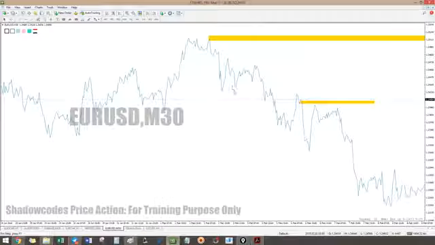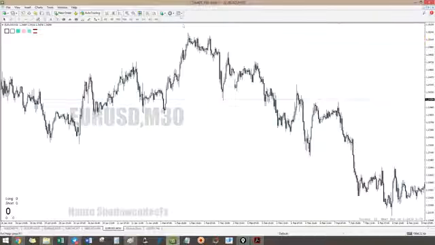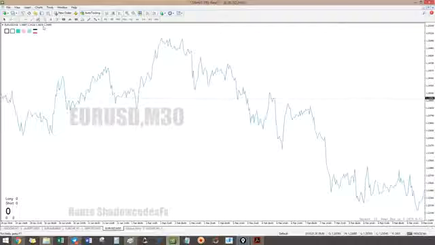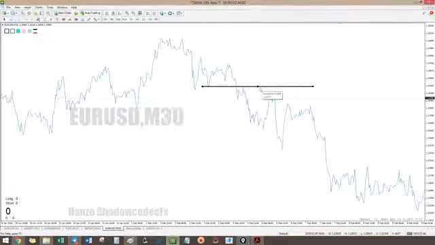Over here is our support become resistance. I think I need to clear all this. So this is the relationship for our setup.